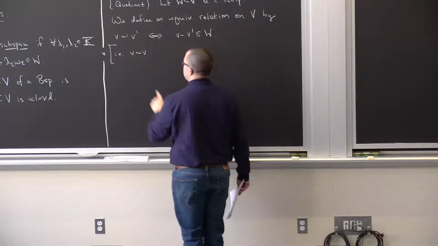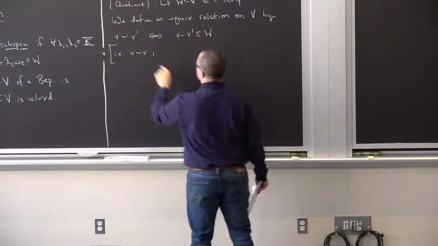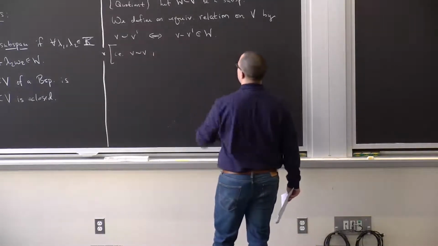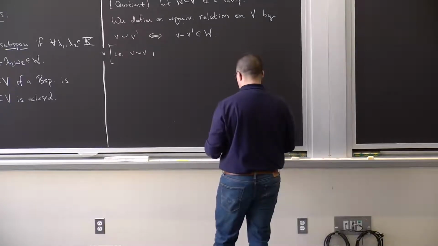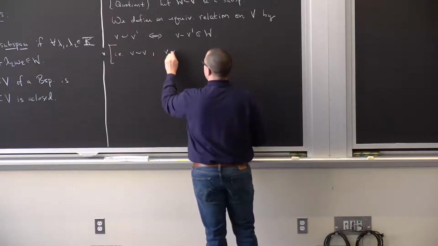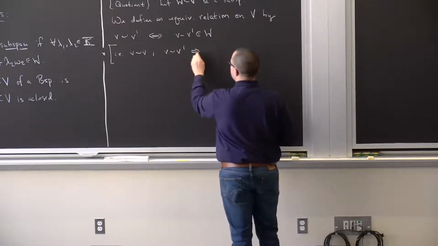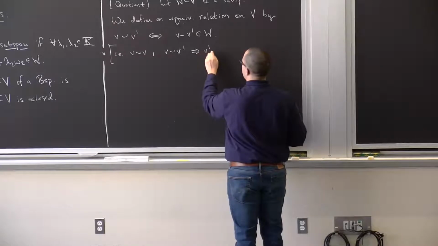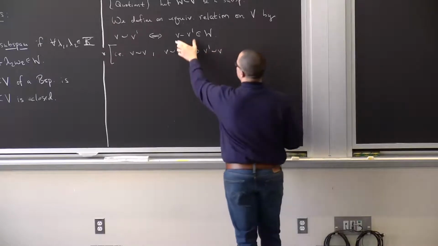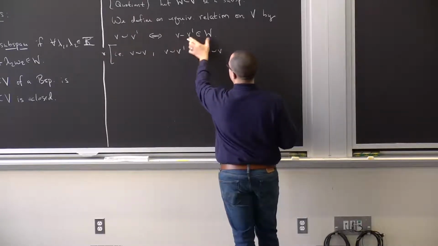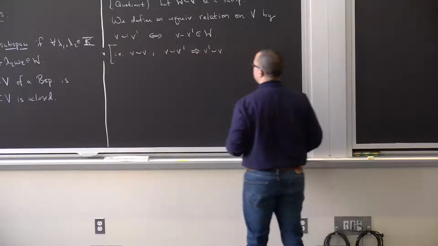V is always related to V because the difference of V with itself is equal to 0, which is an element of W, because W is a subspace and therefore a vector space in its own right.